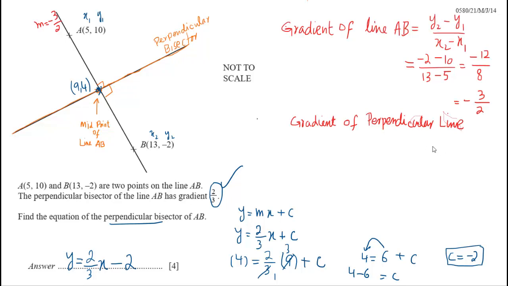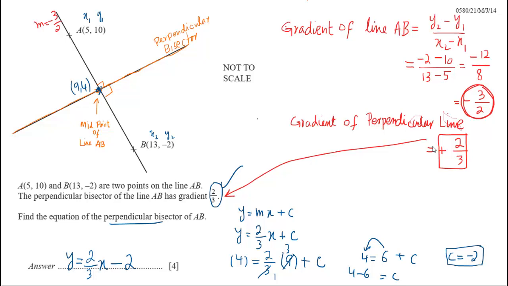The shortcut method is to take the reciprocal and change the sign. The reciprocal is 2 over 3, and the sign was negative, so it will be positive. This is the gradient of the perpendicular line, and look, it is the same.